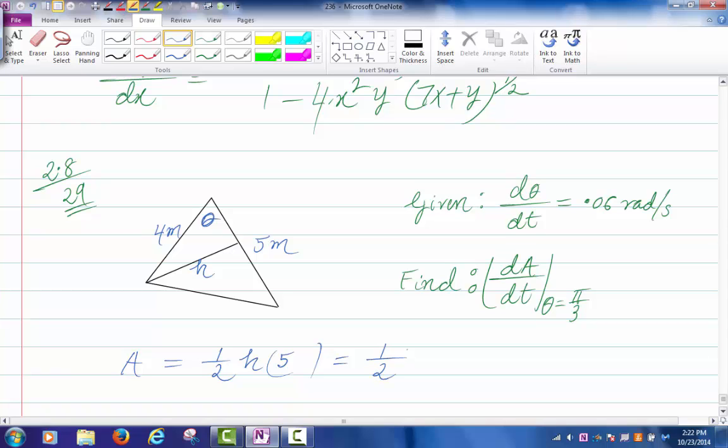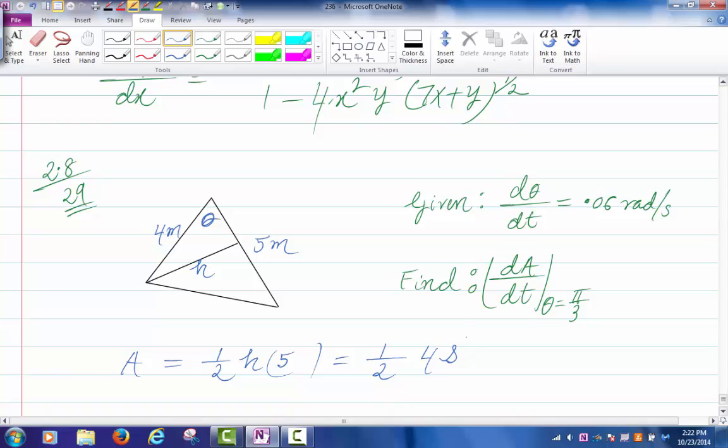Can you express h in terms of a trig function? H is the opposite of the angle theta, so you know that h is what? Hypotenuse 4 times sine theta, right? Because sine theta would be h over the hypotenuse.